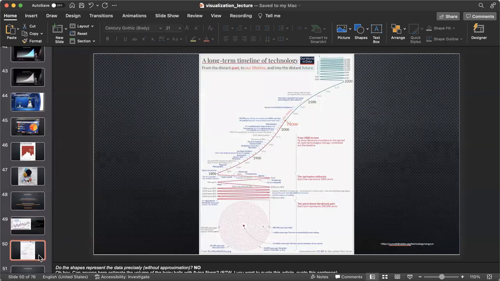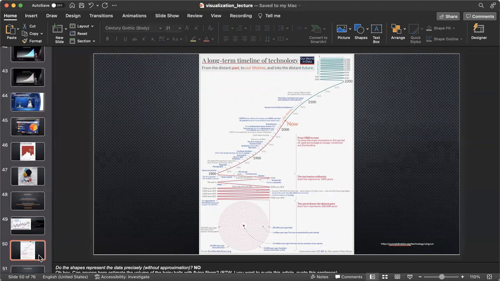This particular visualization is quite interesting. It's showing you a timeline of technology, starting from the wheel and fire. And it's showing you this fancy timeline. It's compressing a lot of time and using this spiral to compress time into a small area.